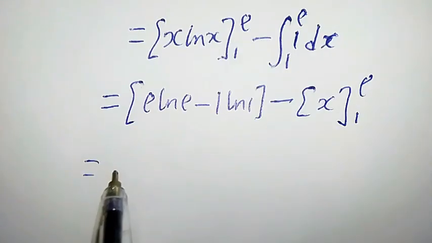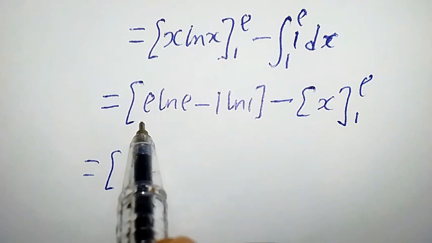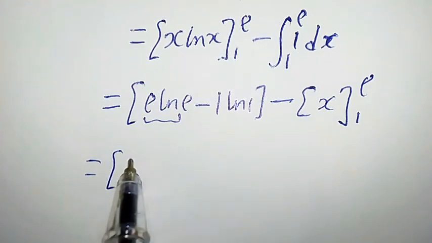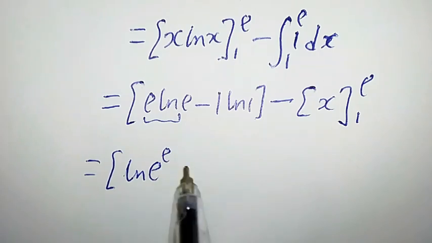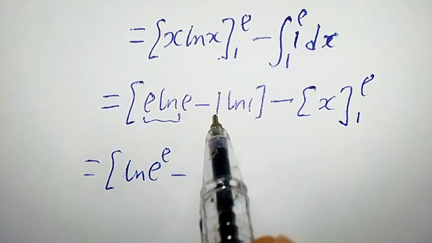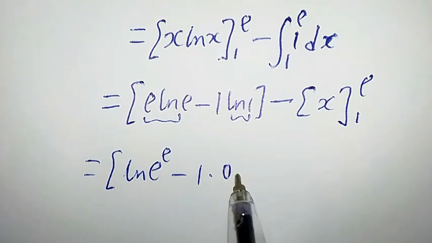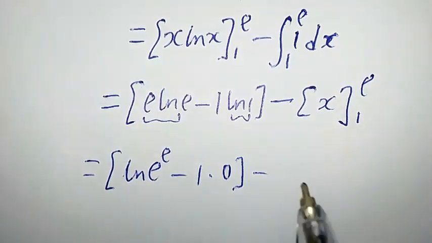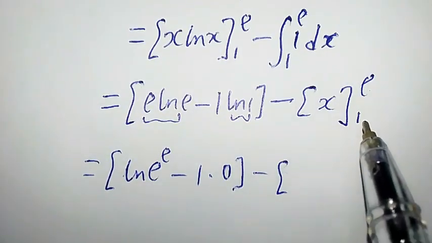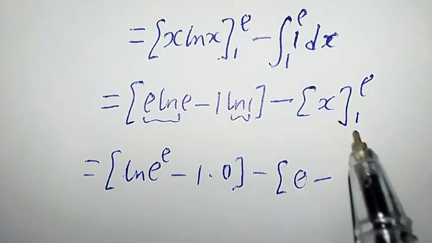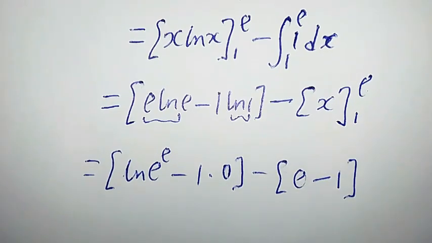This is equal to e times ln e, which can also be written as ln e to the power of e, minus 1 times ln 1 is simply 0, close bracket, minus, the upper limit here is e, so we have e minus, the lower limit is 1, so we have 1.